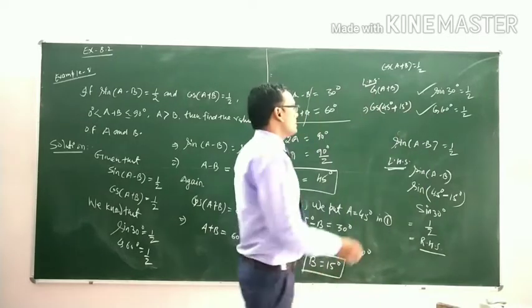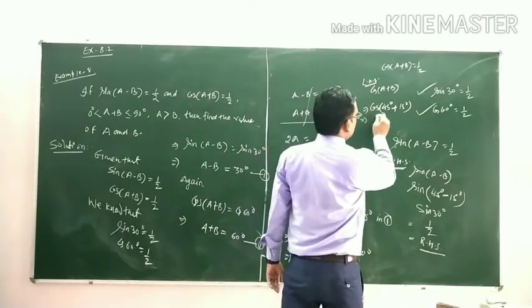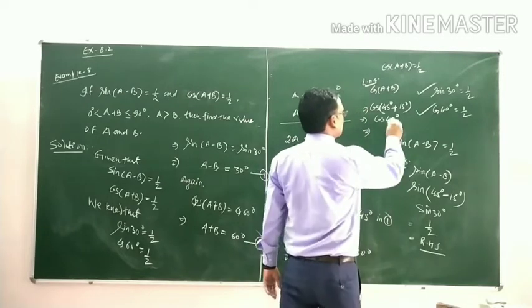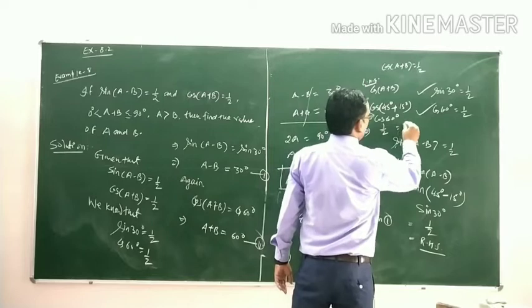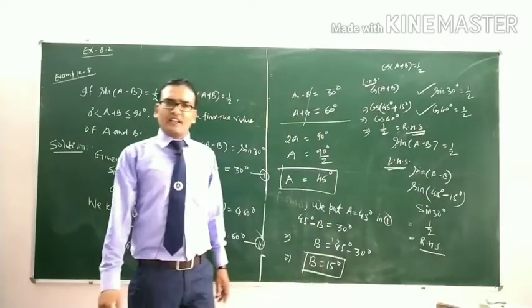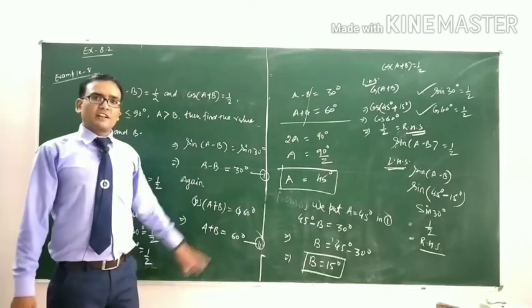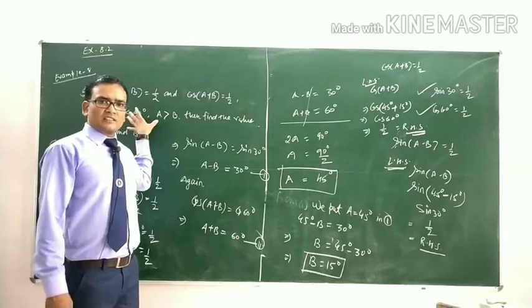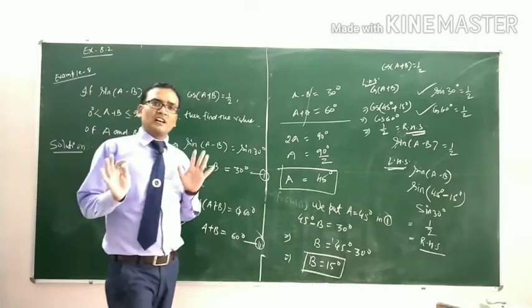This gives the result cos 60 degree, and the value of cos 60 is 1 by 2, which is the right hand side. That means the value of A and B satisfied both equation first and second. Then our answer is right.